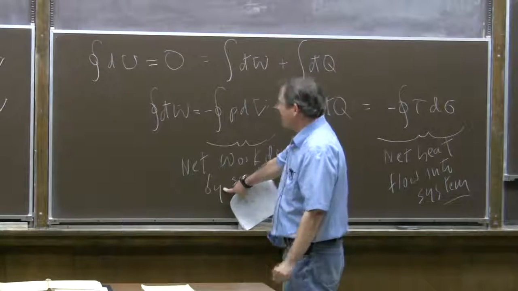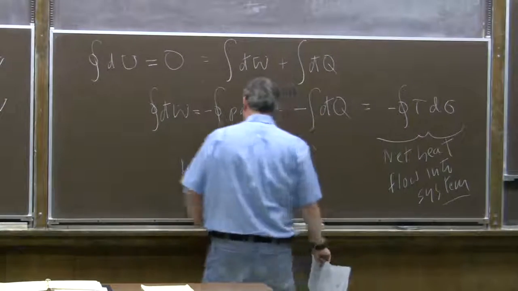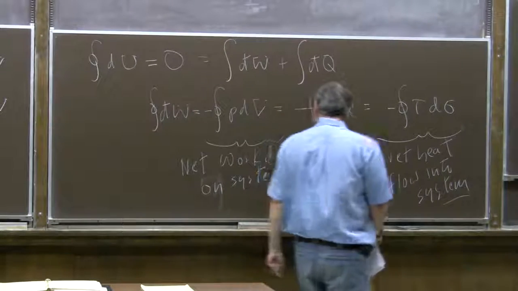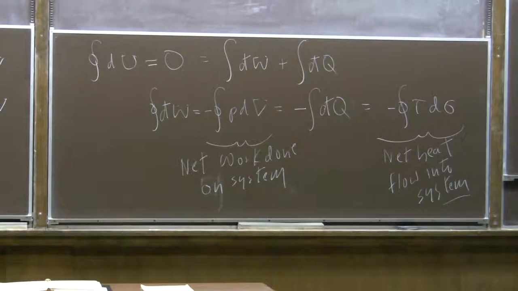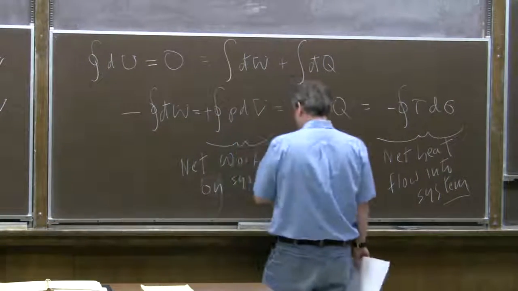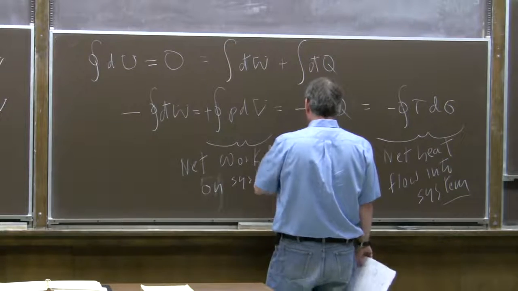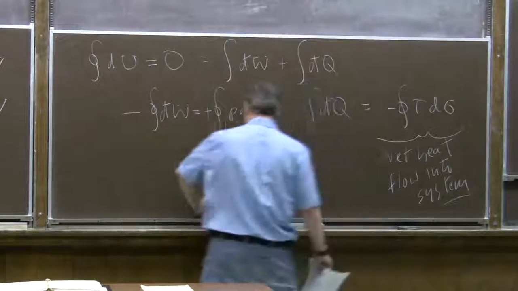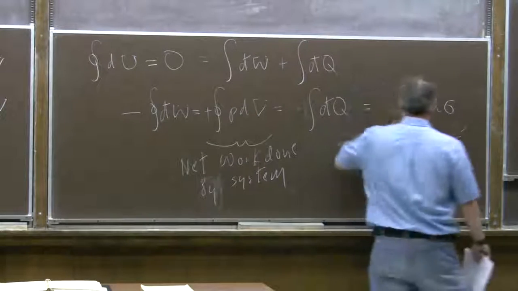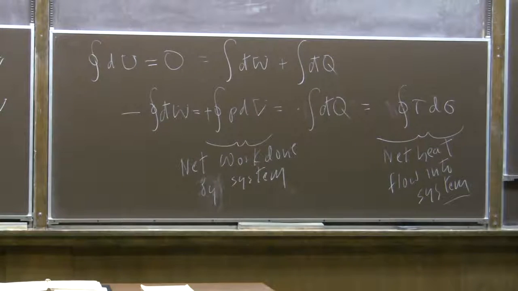Sorry, now I'm saying that the integral dW is the work done on the system. That's why I put the minus sign here. So the net work done on the system is... how about I do this, and that, and then I can say the net work done by the system is the net heat flow into the system.